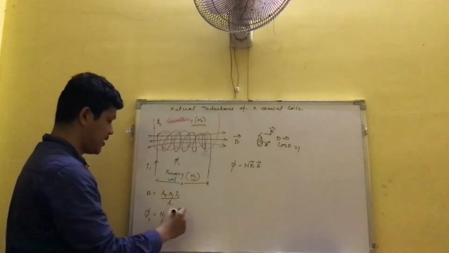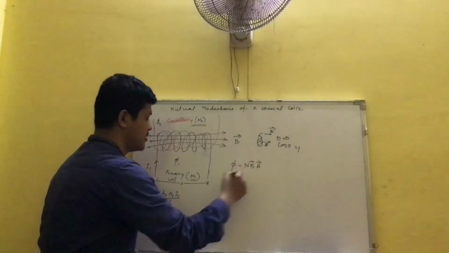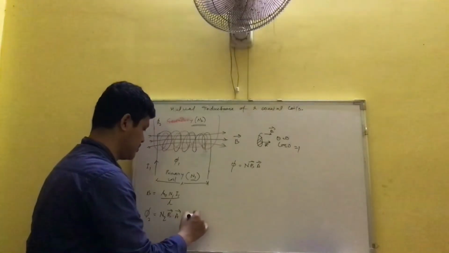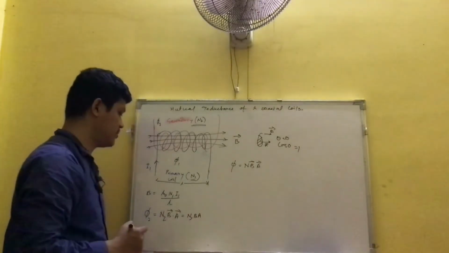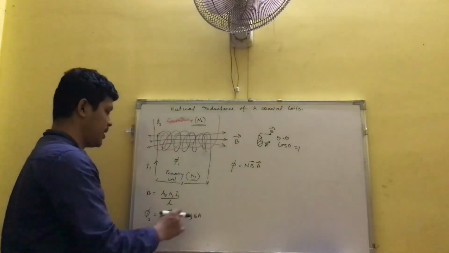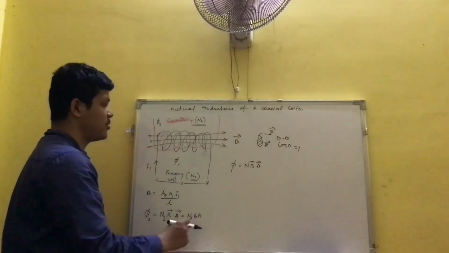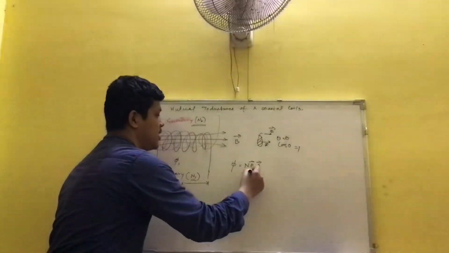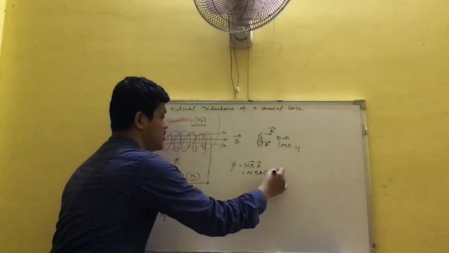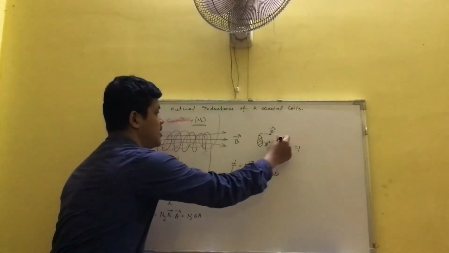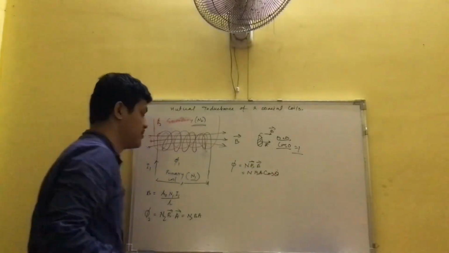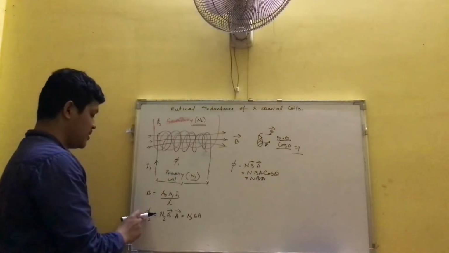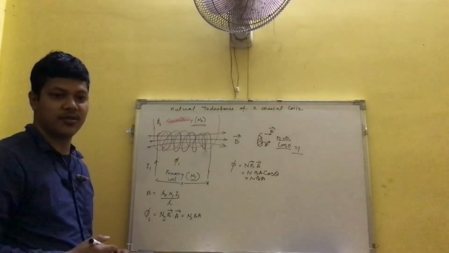So B dot A is n B A cos theta, and here theta is 0 and cos 0 is 1, so it is nothing but n B A. That's why we can write phi 2 is n2 B A. Hope it is clear.